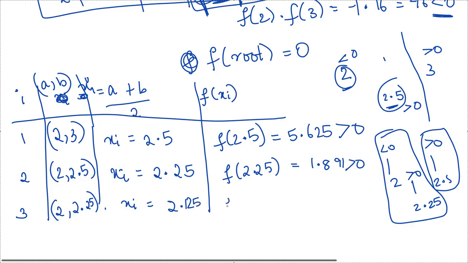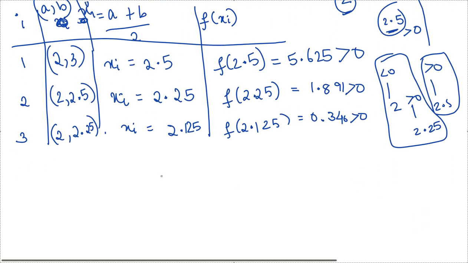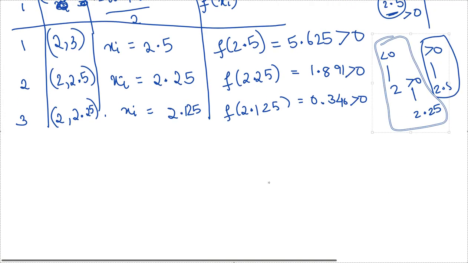2.125. Now what is f of 2.125? It gives us 0.346, which is still greater than 0. Okay, so we had 2, 2.25, and now the value is 2.125.